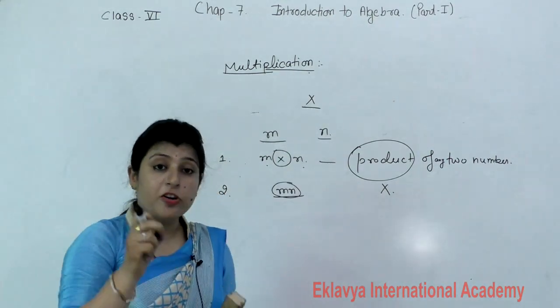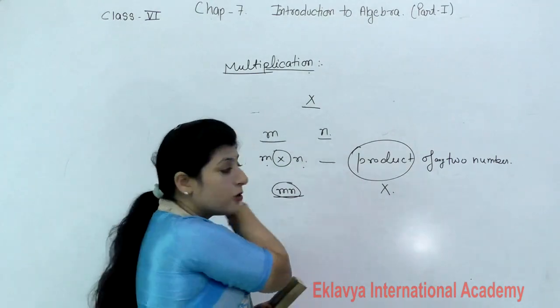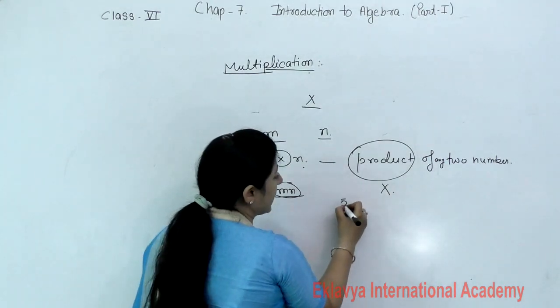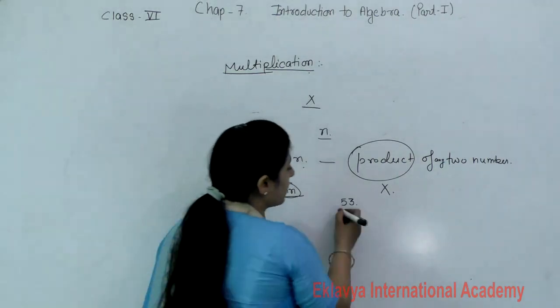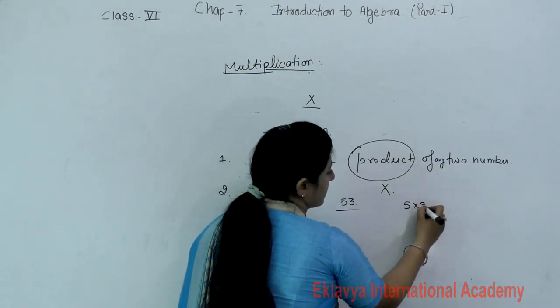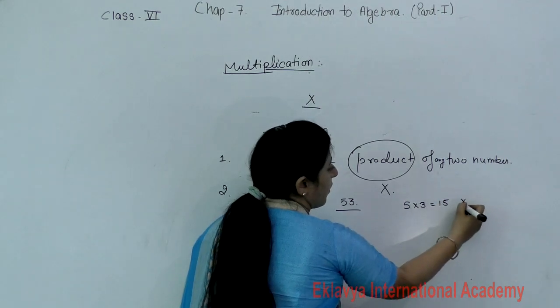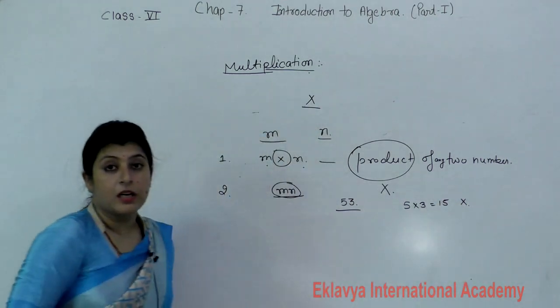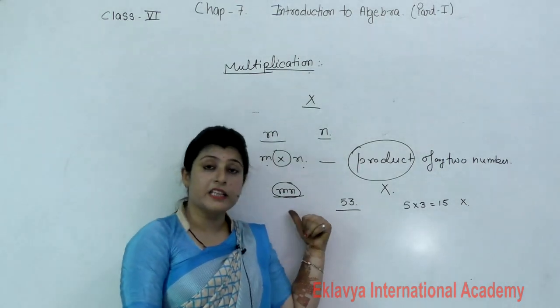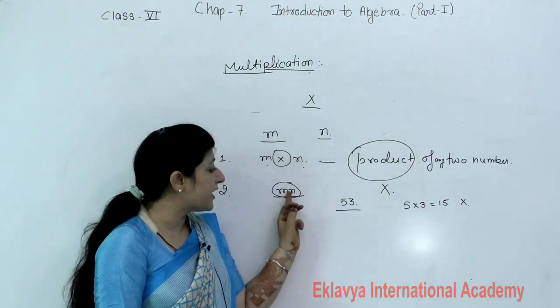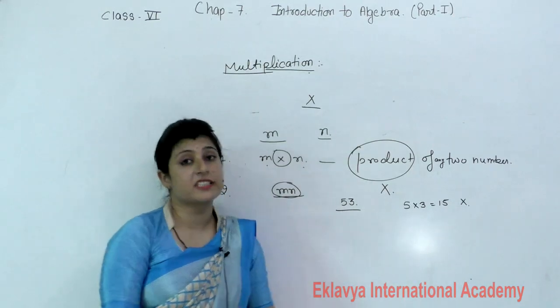But if we know surely the value of these things, suppose I write down 53 or you are trying to do the product of this, then it is wrong answer, because there is unknown variable. That's why there is no need to put the multiplication sign.